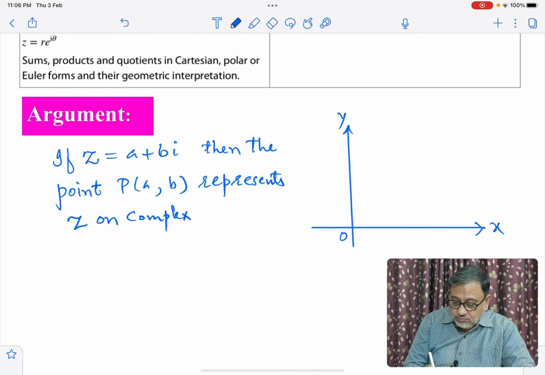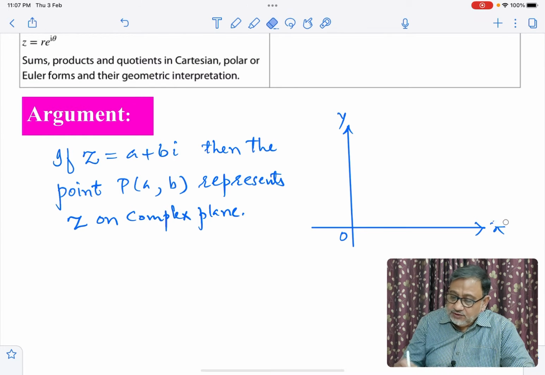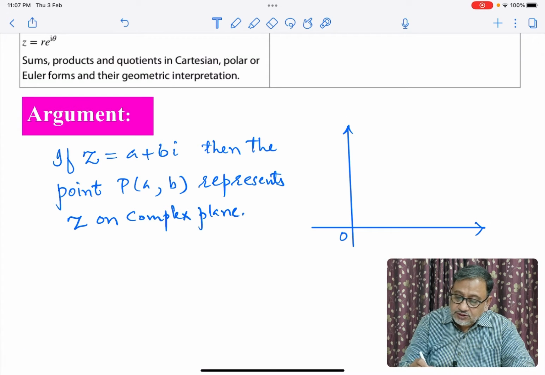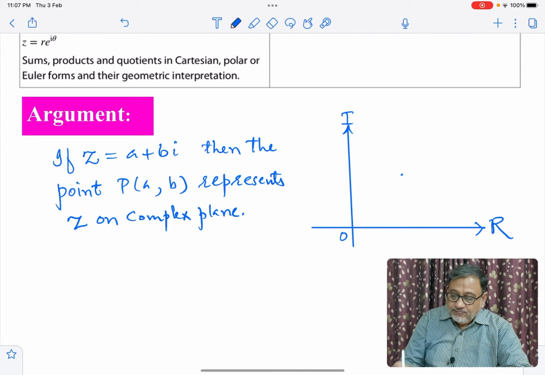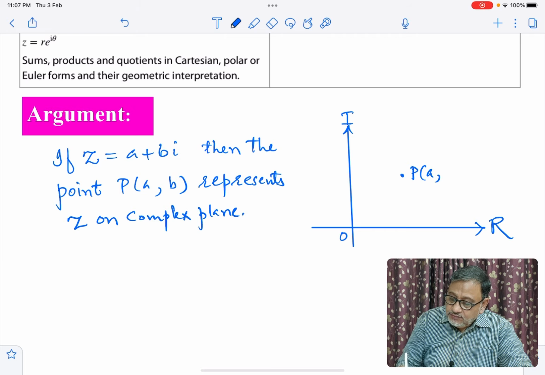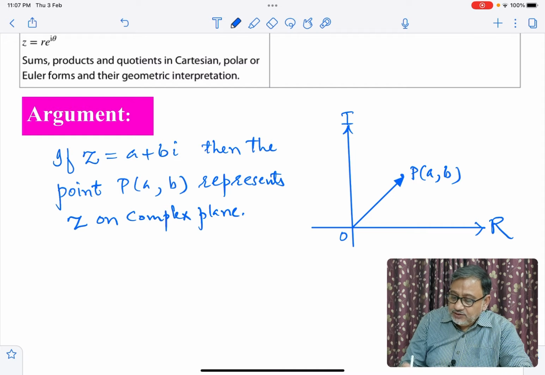On the complex plane we don't have an x-axis, we have the real axis and the imaginary axis. So let me write R here and I here, real axis and imaginary axis. Suppose this is the point P with coordinates a and b, which is the representation of the complex number z.